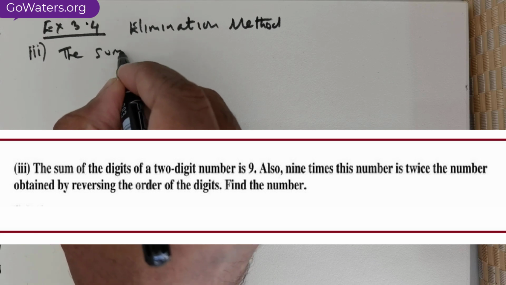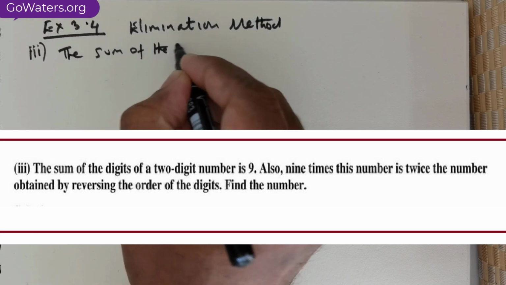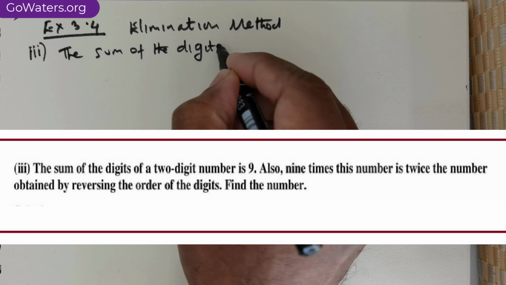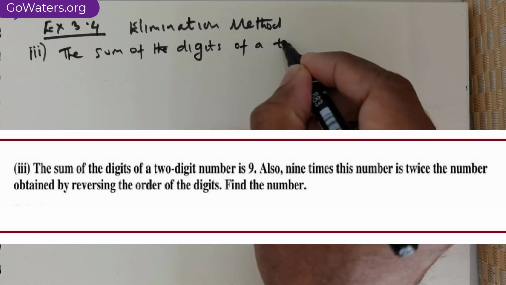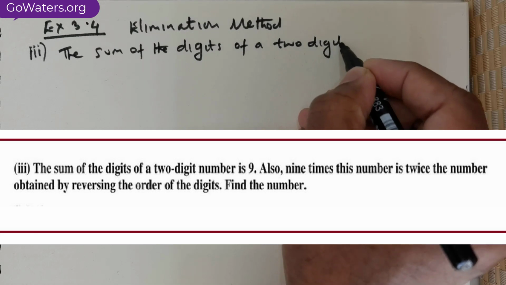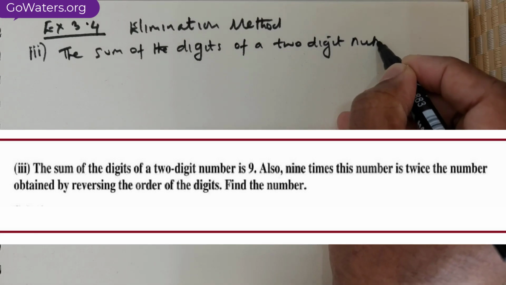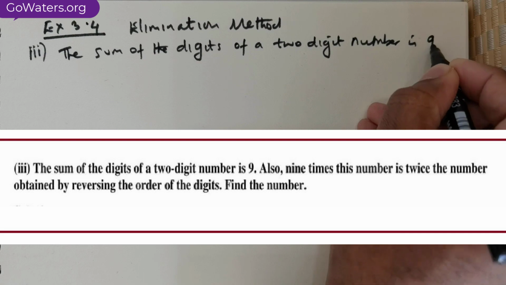The sum of the digits of a 2-digit number is 9.